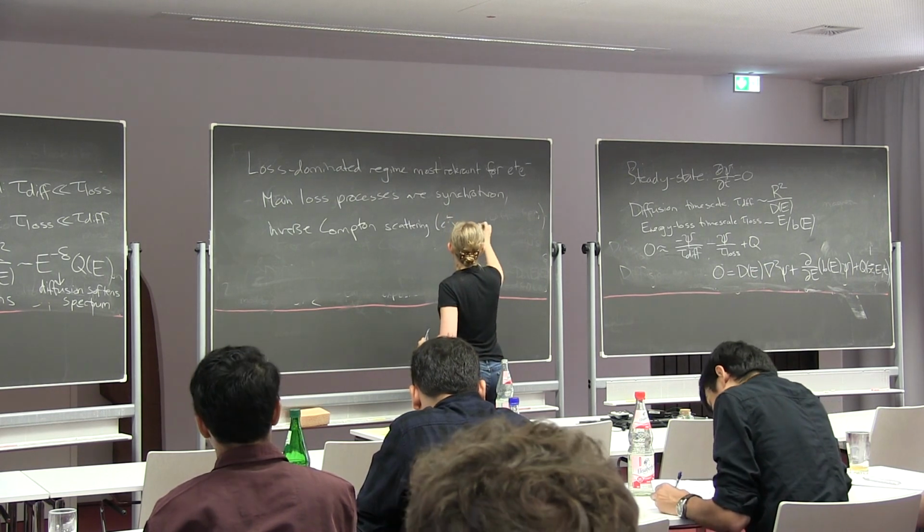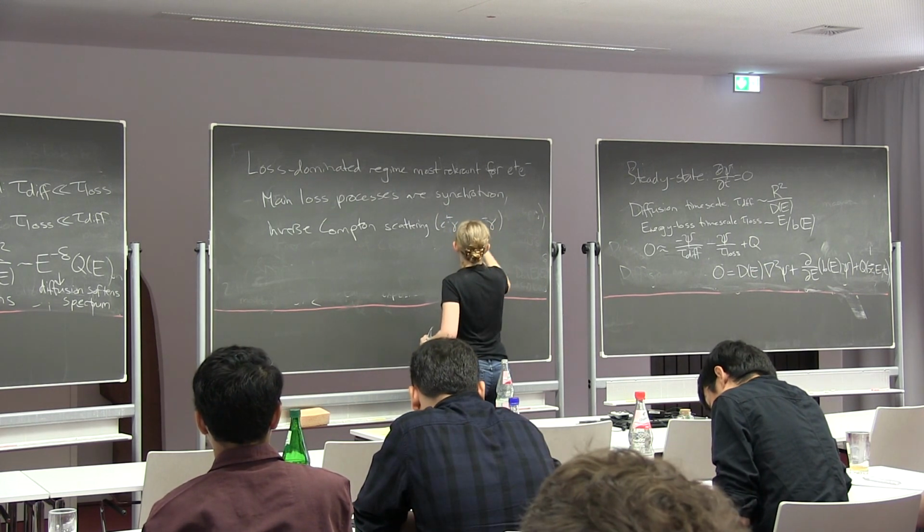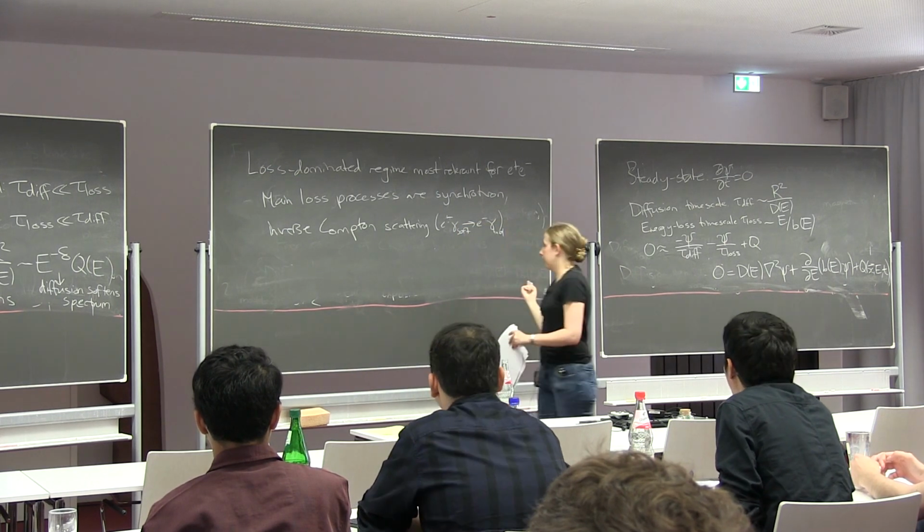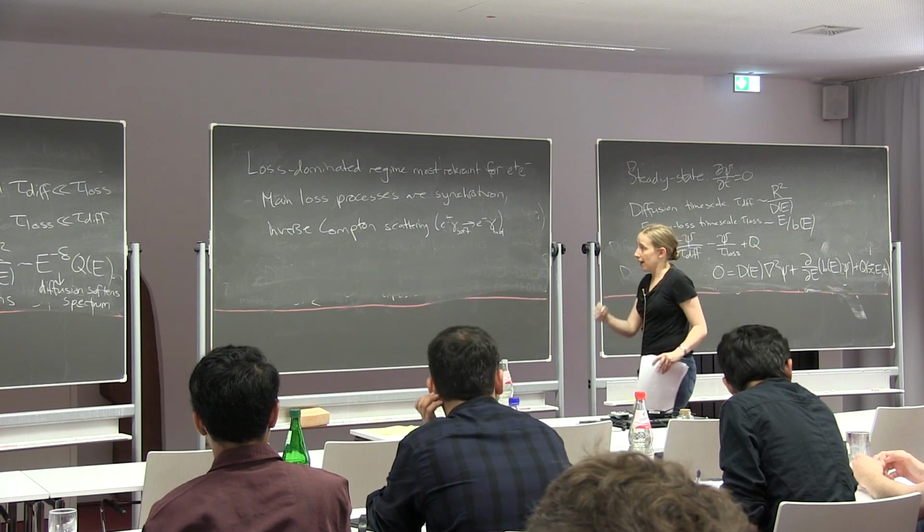So this is like E minus gamma goes to E minus gamma, but the photon picks up a lot of the electron's energy on the way out.